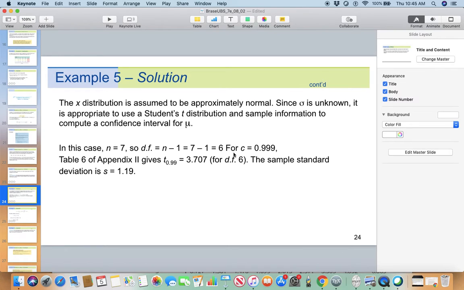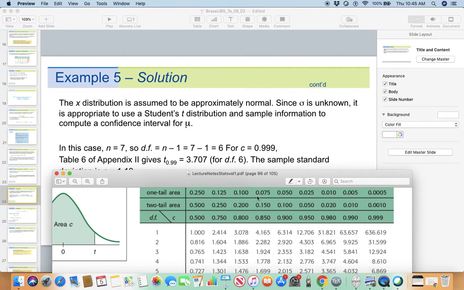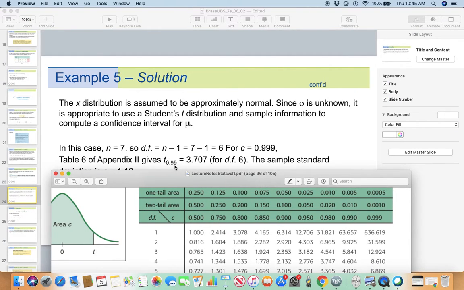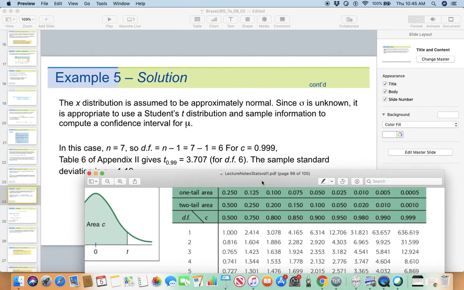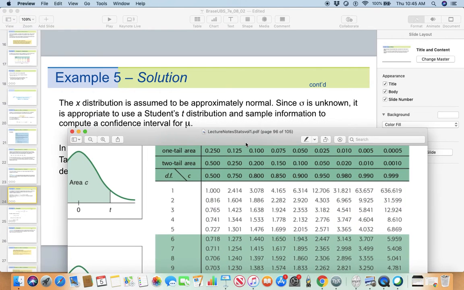C is 99%, so 0.99. So t of 0.99 is 3.707. So let's remind ourselves how we come across that. 0.99 is C, degrees of freedom is 6.